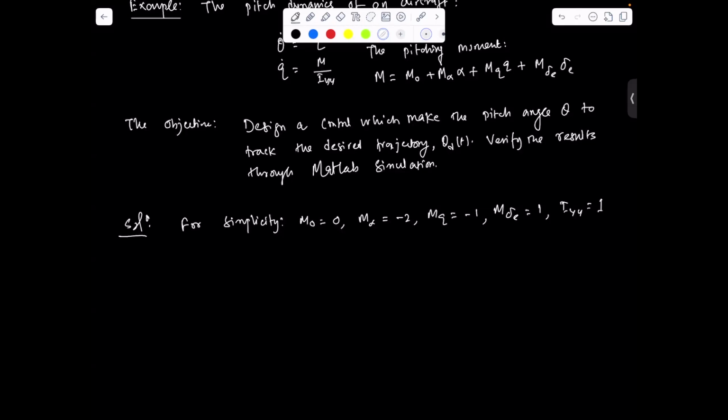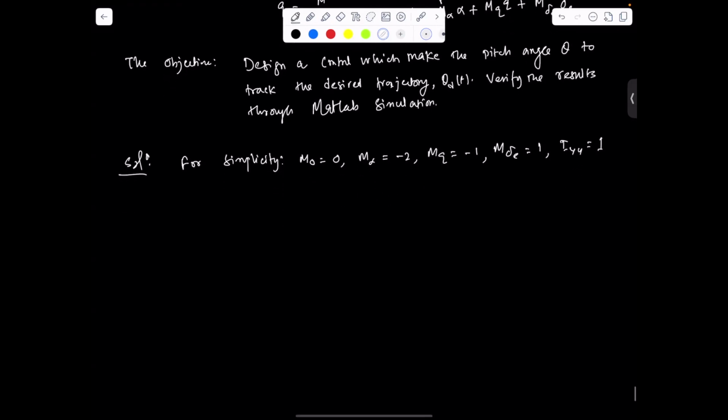So why have we taken these numerical values? Because we need to do the MATLAB simulation. To run the MATLAB simulation, we need the numerical values of these parameters.